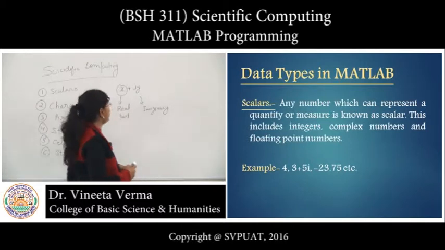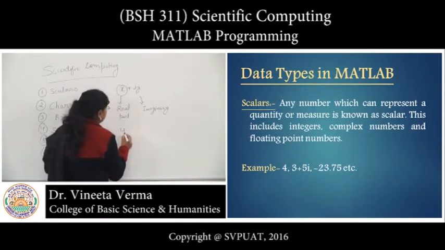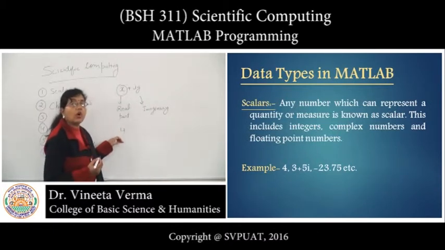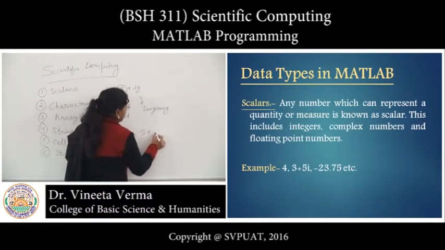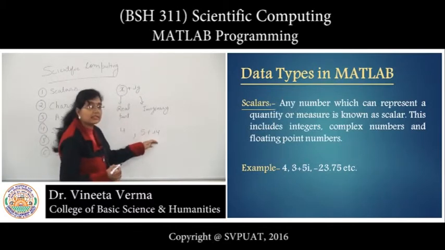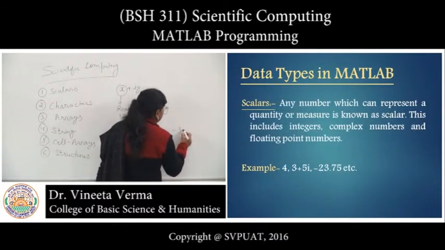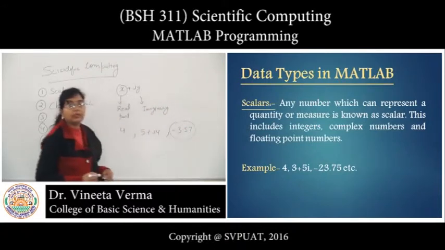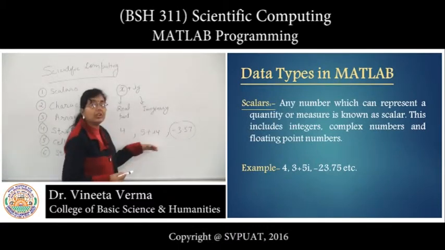And there are some examples of scalar data types, like 4. It is an integer. What are integers? Integers are whole or complete numbers. Or 5 plus i4, as I already explained, this is a complex number or imaginary number. Or minus 3.57, this is a floating point number. Floating point number means decimal numbers or fractional numbers.